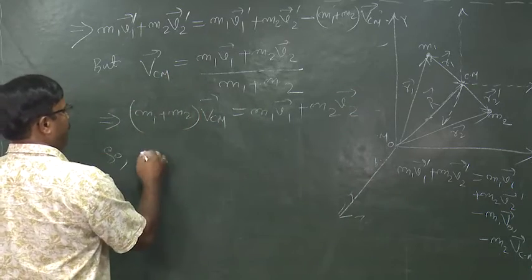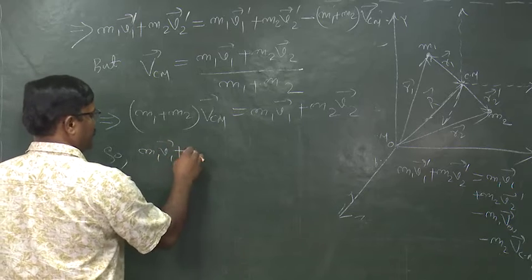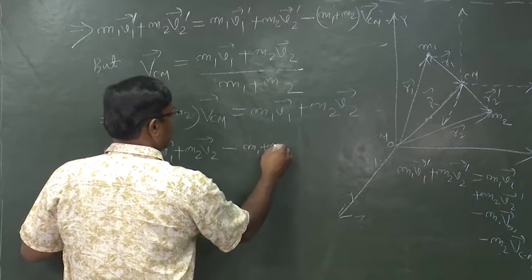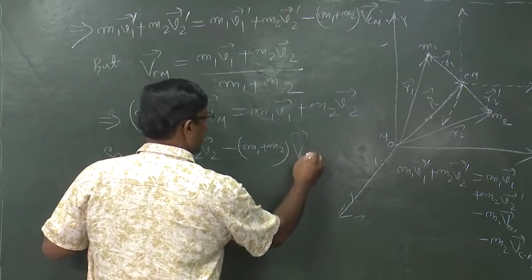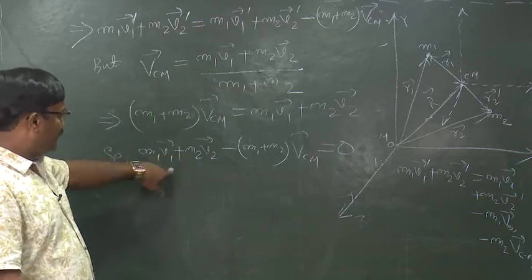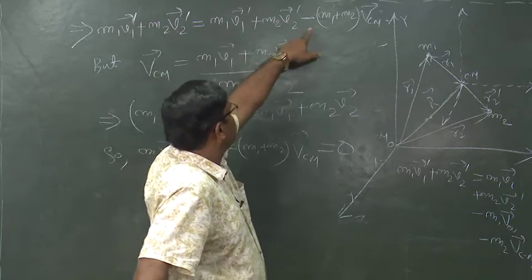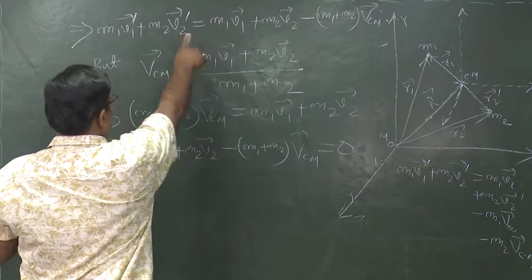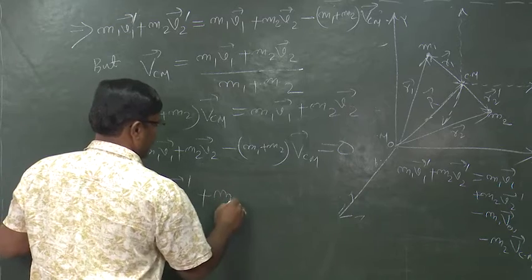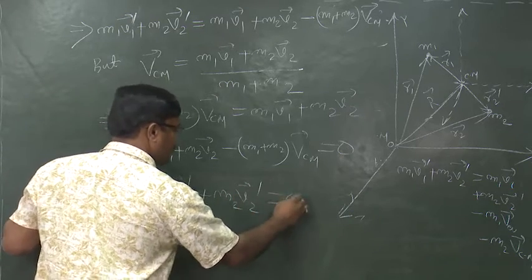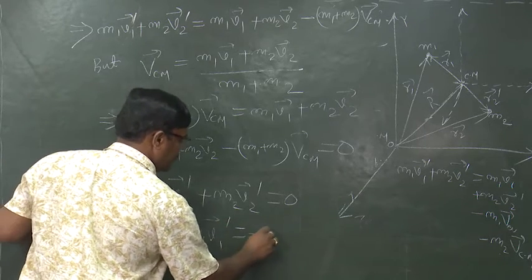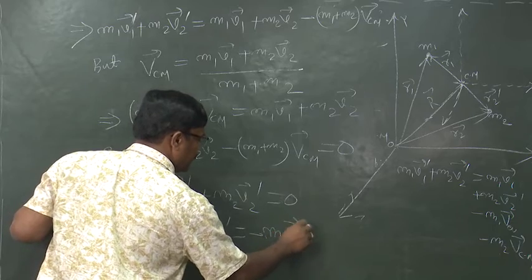So m1 v1 plus m2 v2 minus m1 plus m2 into v center of mass will be equal to 0, and putting this value in this equation, we can write m1 v1 dash plus m2 v2 dash will be equal to 0, which implies m1 v1 dash is equal to minus m2 v2 dash.